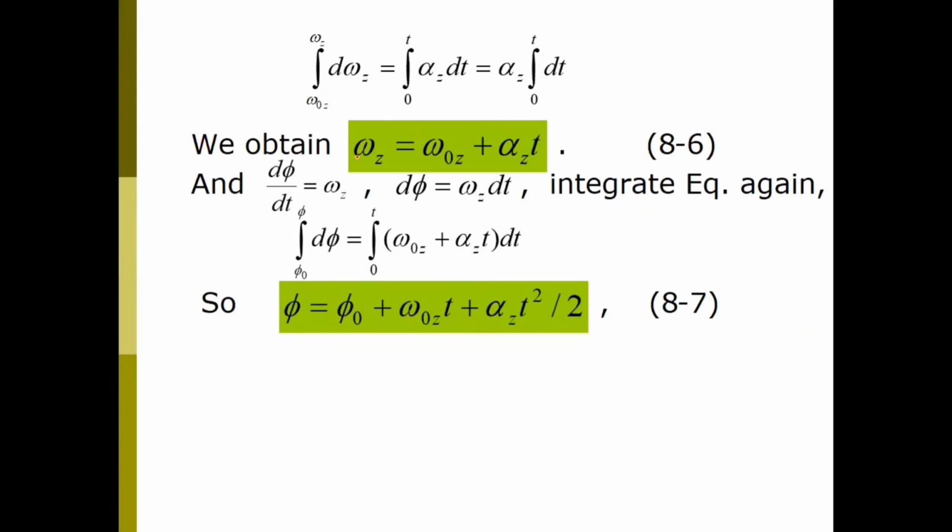Therefore, we obtain omega z is equal to omega sub 0z plus alpha sub z times time.